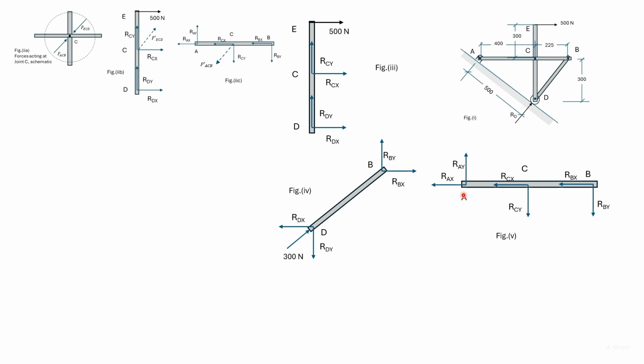As such, in ACB, RCY had to act downward and RCX had to act towards the left. In ECD, we designate RDY acting upward and RDX to act towards the right. Then in BD, RDY acts downwards and RDX acts towards the left.